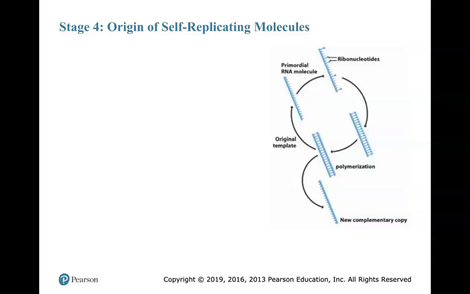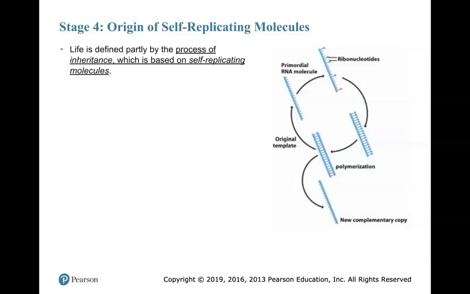So we need something to self-replicate in order to make a clone of itself, in order to continue on life, so that that 4-stage occurrence doesn't need to happen again, because it takes a lot of time and a lot of randomness for that to happen, and we kind of have to get lucky for all those things to match up before we get to stage 4. So we actually see self-replicating molecules occurring here. This is the inheritance that I'm talking to you guys about.